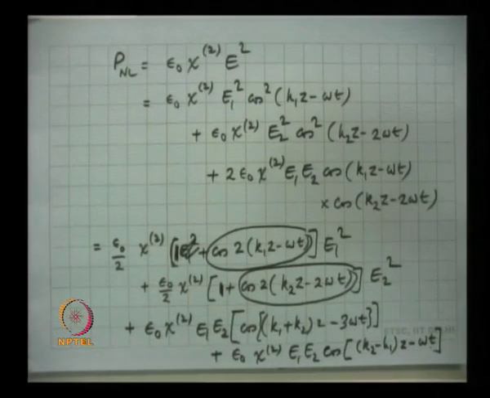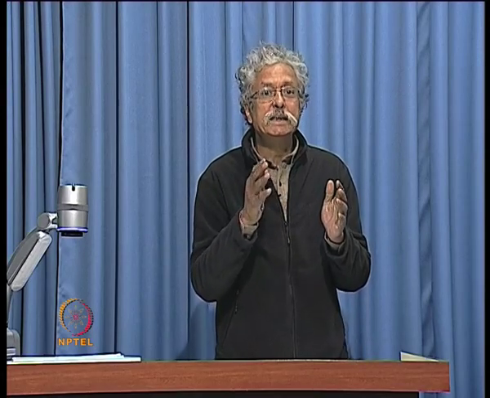So, the same nonlinearity will generate 2 omega from omega, and once 2 omega gets generated inside the medium, this 2 omega mixes with omega to generate back omega. And as I will show you, the phase matching condition for omega to 2 omega conversion is the same as the phase matching condition for 2 omega to omega conversion back.